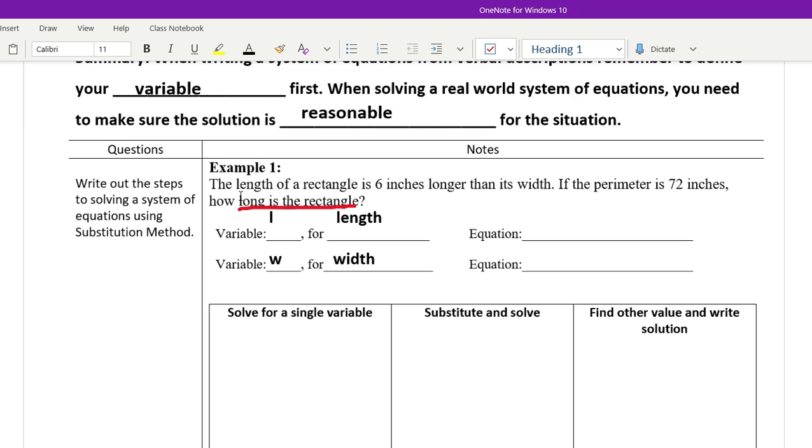Now, if we look at the first sentence, it says the length of the rectangle is 6 inches longer than the width.